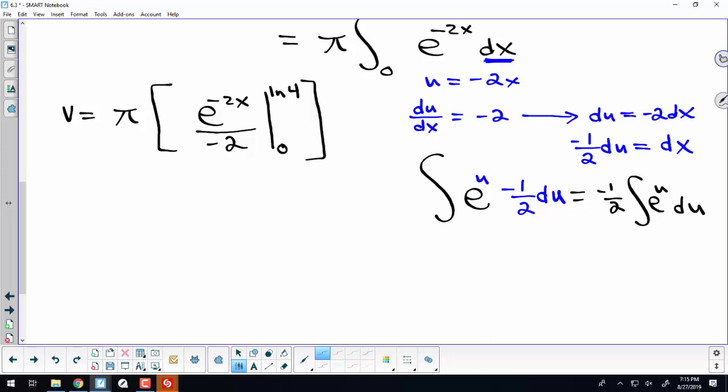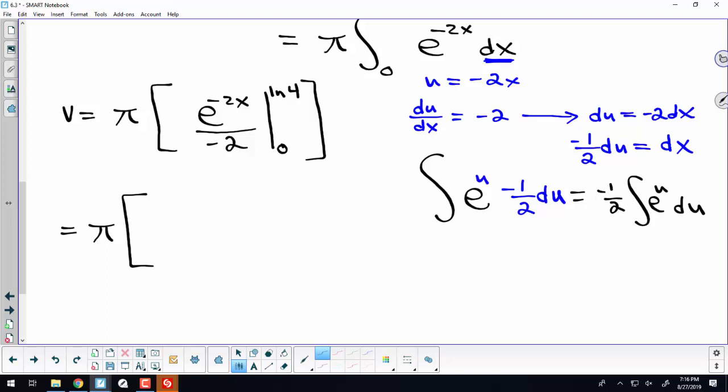All right, let's plug in. And just be careful when you have exponentials. I've seen some people think that when you plug a 0 into an exponential, it just disappears, but that is never the case. We have pi, and we're going to plug in ln4. Remember, this is x and this is x, from 0 to ln4.